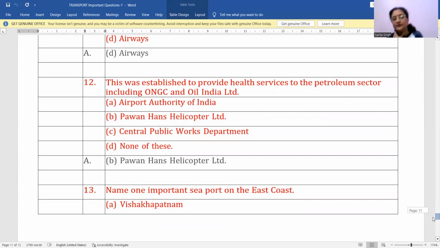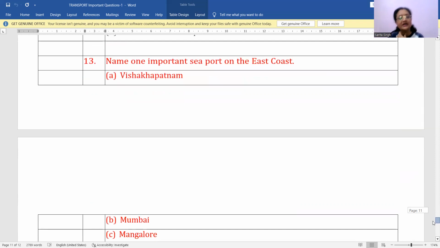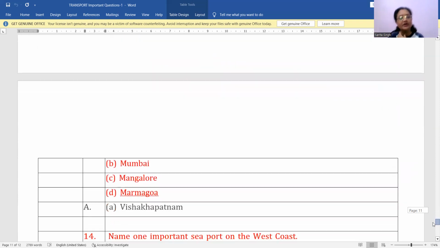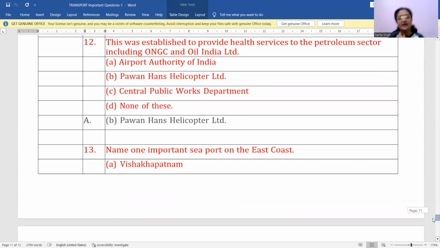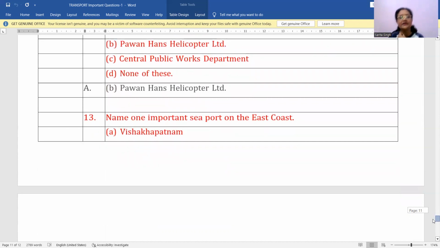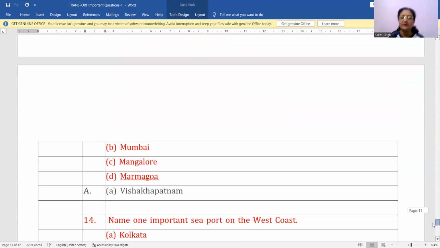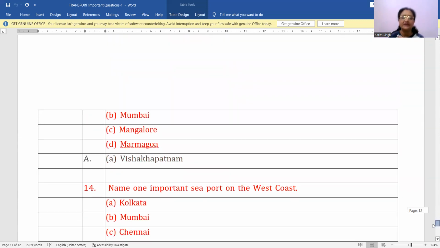Then name one important seaport on the east coast. Now on the east coast, Visakhapatnam, Mumbai, Mangalore, Marmagao, these are the four ports given here. Which port will you find on the east coast? Visakhapatnam. Visakhapatnam is the port which lies on the east coast and the rest all are lying on the west coast.